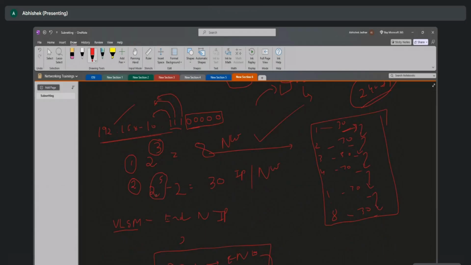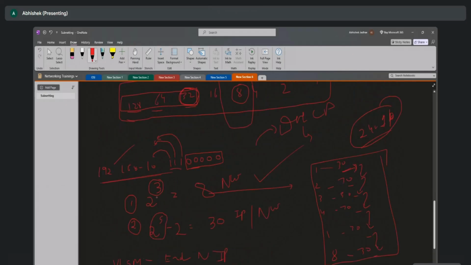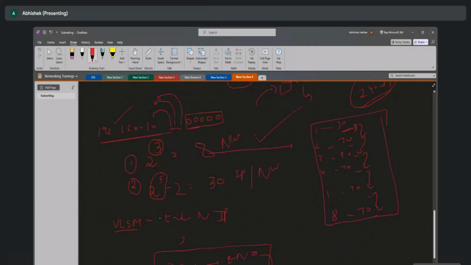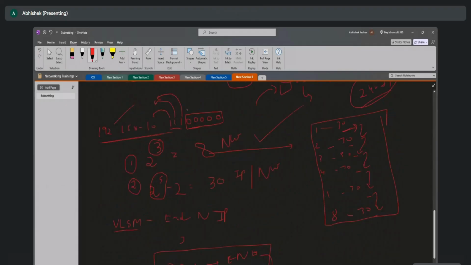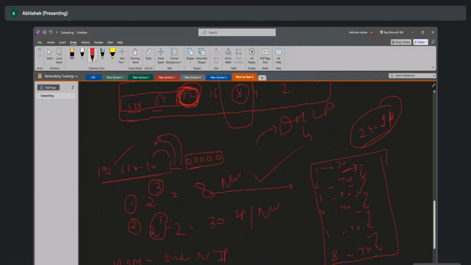In order to make the calculation easy and to help you remember these things, I will give you a very small thing you can use for calculation. The moment you calculate a subnet mask, that is the variable length subnet mask, the last value from the left hand side that you see within the conversion, that is your next IP for the network.